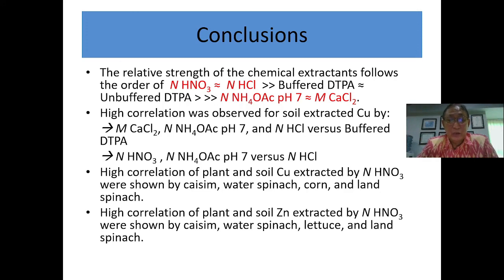High correlation for plant and soil copper extracted by nitric acid was shown by Caisim, water spinach, corn, and land spinach. And high correlation of plant and soil zinc extracted by nitric acid was also shown by Caisim, water spinach, lettuce, and land spinach. That's all I have.